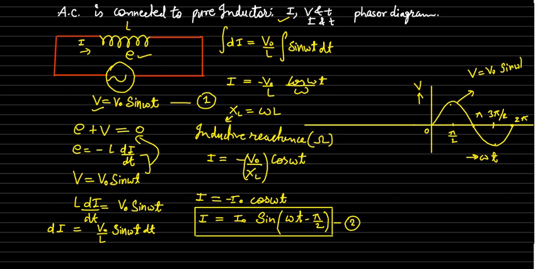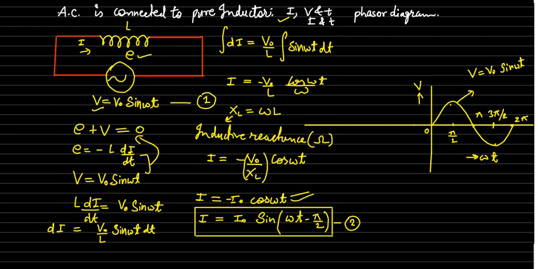I hope it is clear to everyone. Now we want to plot the graph of I equals minus I naught cos omega t.